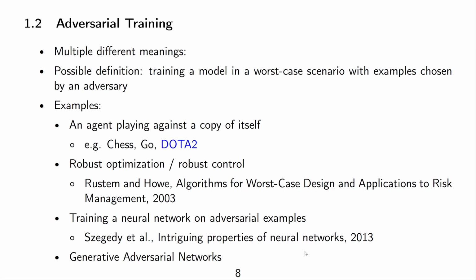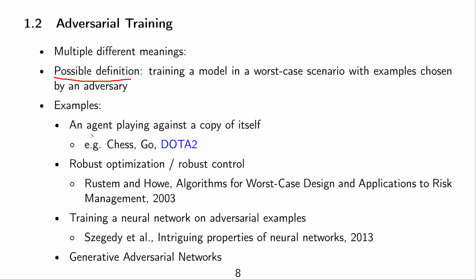Let's first discuss the term adversarial training. There are multiple different ways that adversarial training is employed in deep learning. One possible definition is training a model in a worst-case scenario with examples chosen by an adversary.